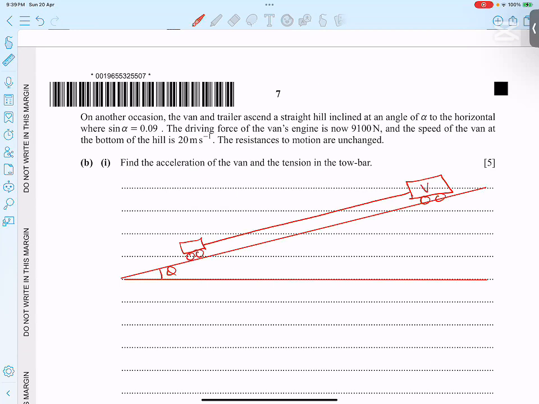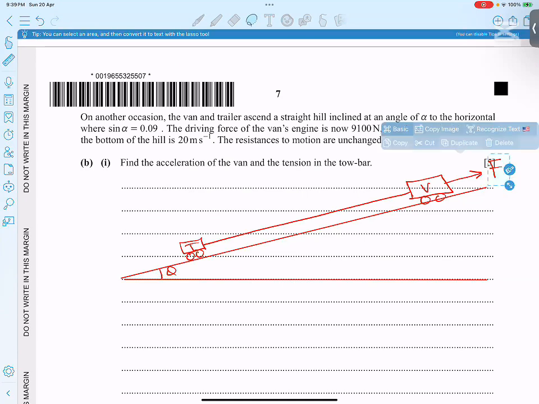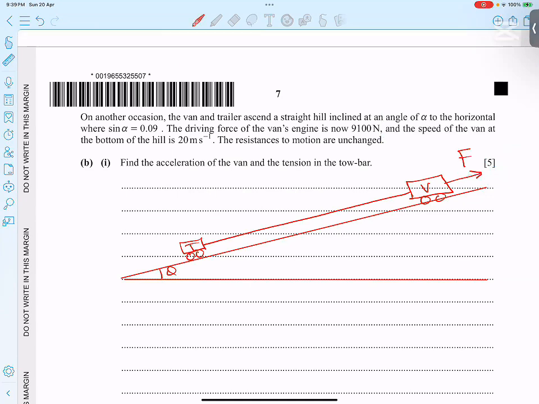Okay, so V for van and T for trailer. This is the applied force. Now he talks about the hill. Horizontal, this one. This time the sign is different. The driving force given is 9100. The speed of the van at the bottom is 20.